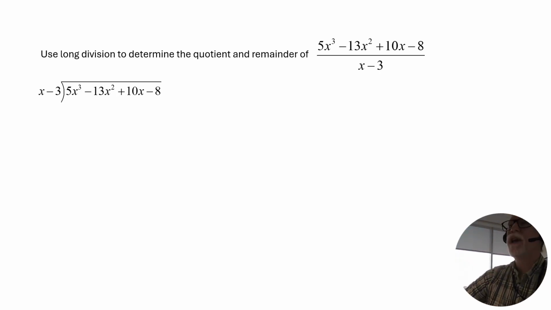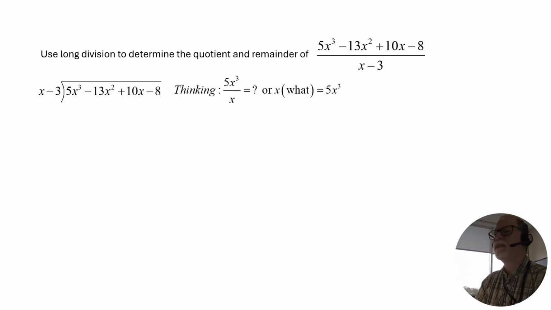In this one, we're just going to compare the x's initially, and you can think of this in either of two ways. 5x cubed divided by x is going to simplify to what, or like I described in the last example, x times what is equal to the 5x cubed?